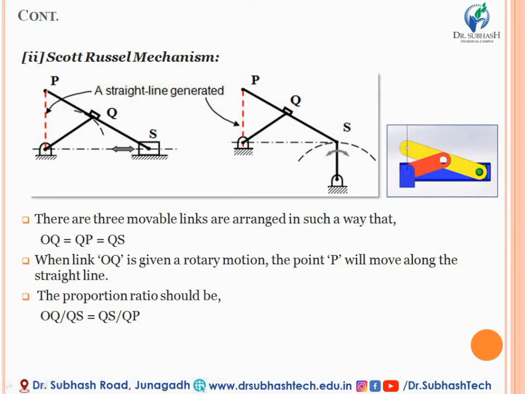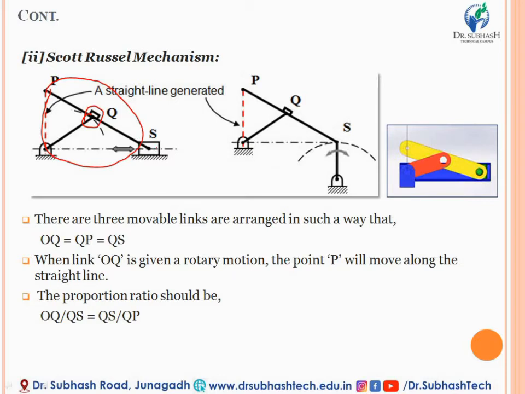Suppose you take the diameter PS and draw a circle like that, it will always pass through point P and the fulcrum point O. Now the center of the circle will be Q.